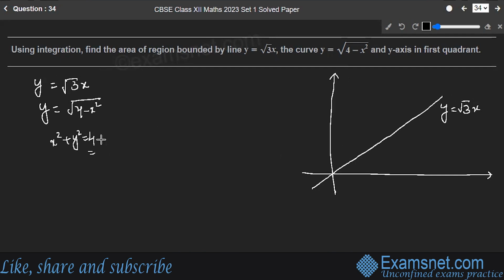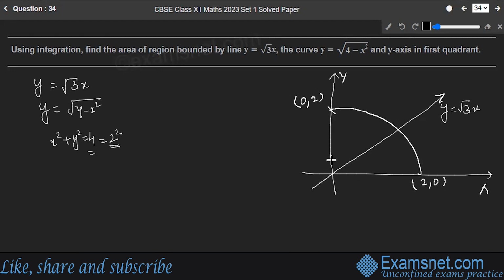The radius of the circle is 2. So this is the line y equal to root 3x, this is y, and the x-axis, this is the point (0, 2), and this is (2, 0).